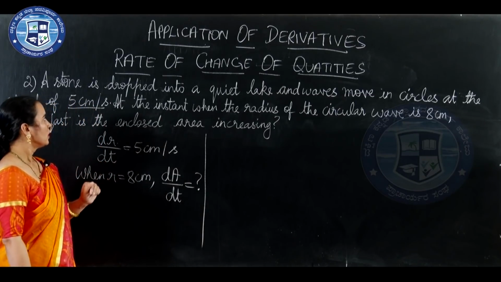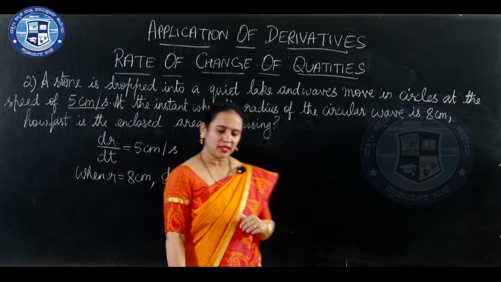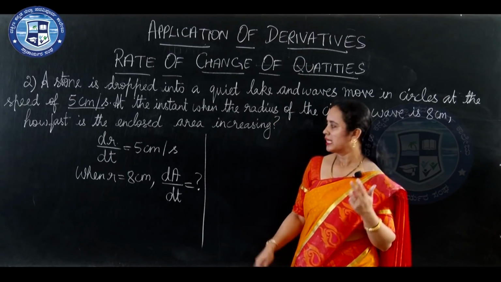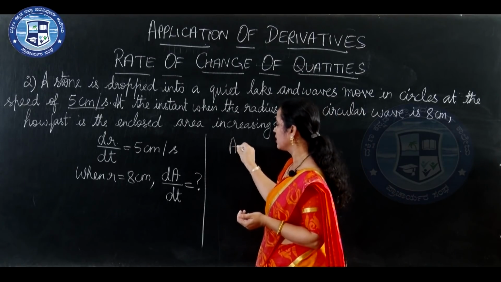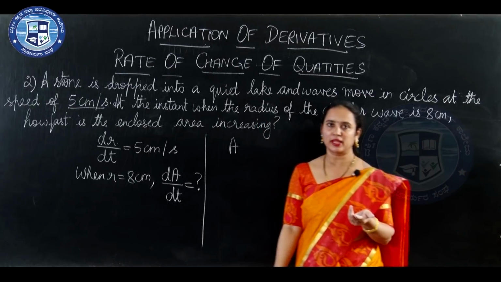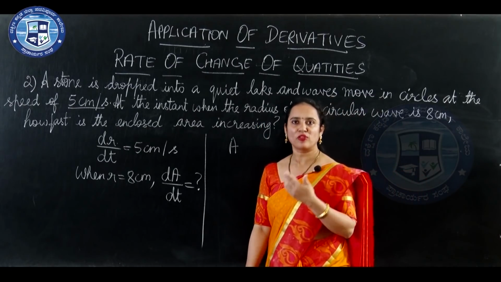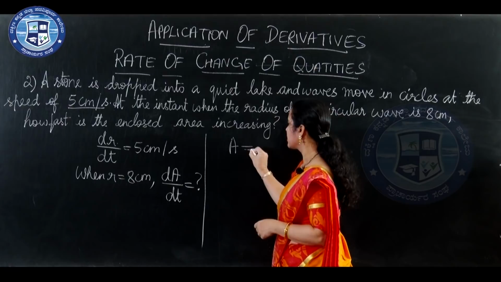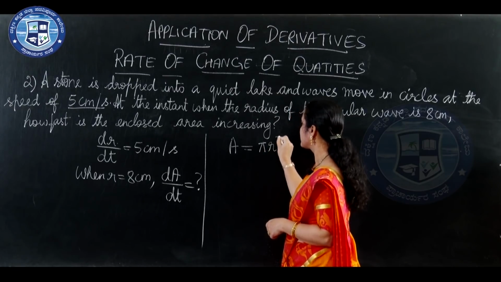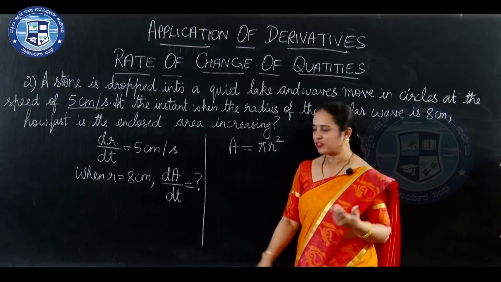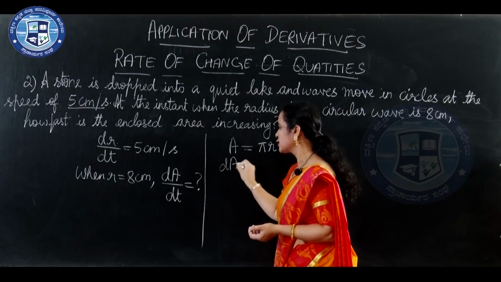Now dr by dt is given, so let us take the area formula. You have to find dA by dt, so take area of a circle. Area of a circle is pi r square. Differentiate area with respect to time.